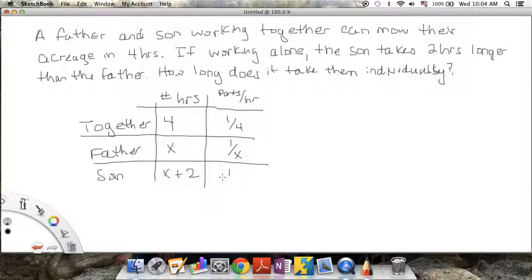So the son is doing 1/(x+2). So you see each hour together they do 1/4, and each hour the father does 1/x, and each hour the son does 1/(x+2). Think about that for a second and make sure that makes sense.